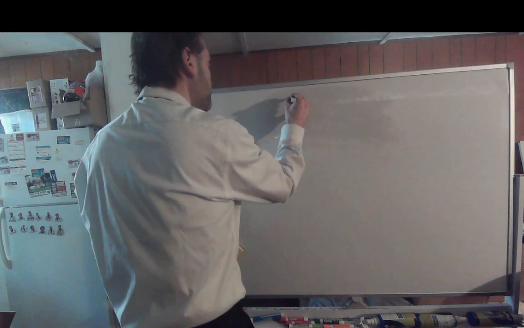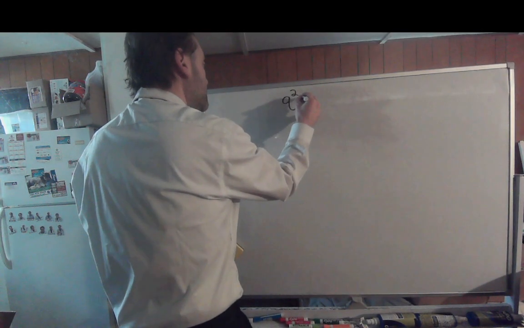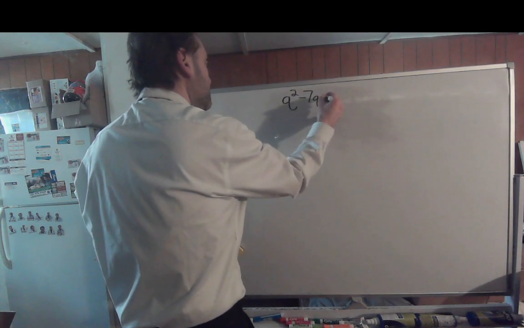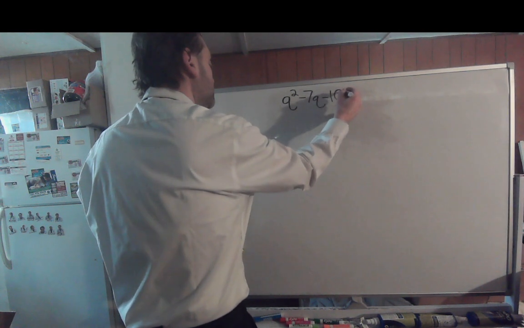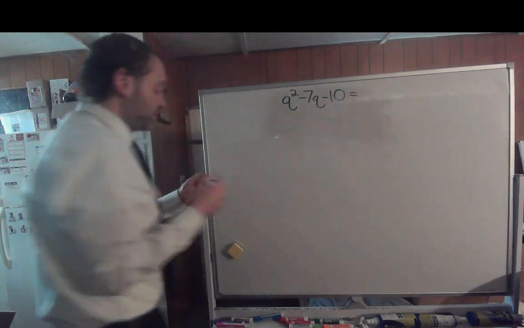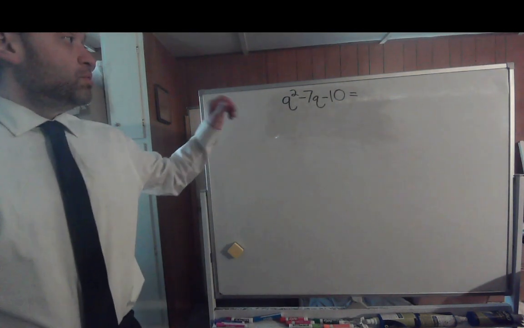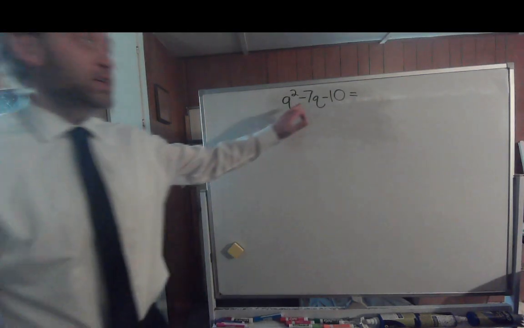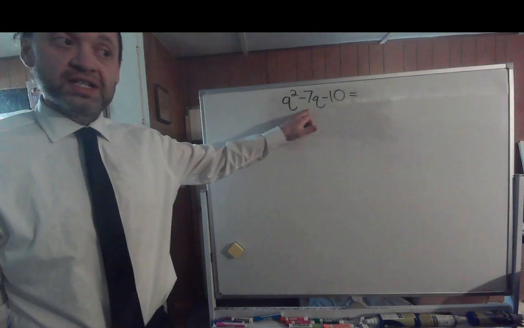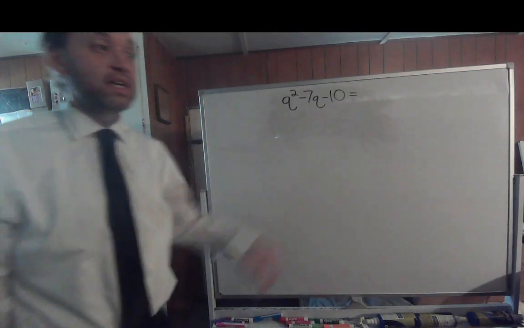This time we have q squared minus 7q minus 10. Interesting one here. Again, yes, it's true your middle coefficient is negative and your constant term is negative.